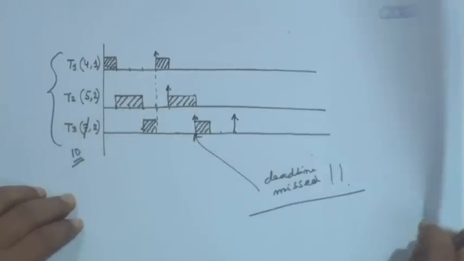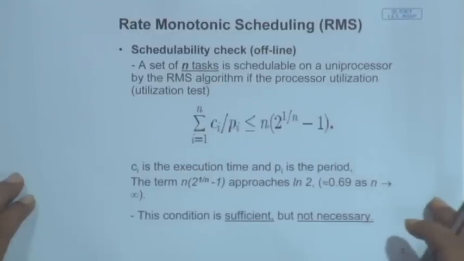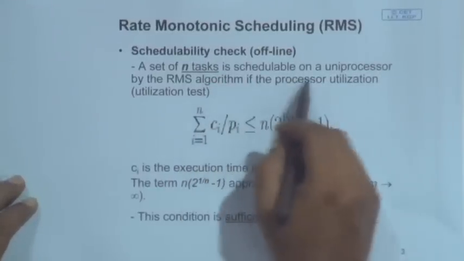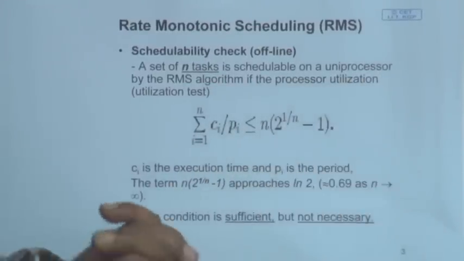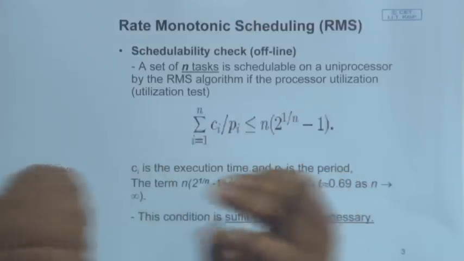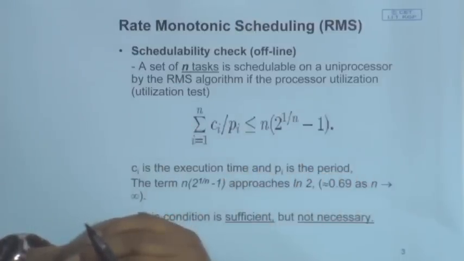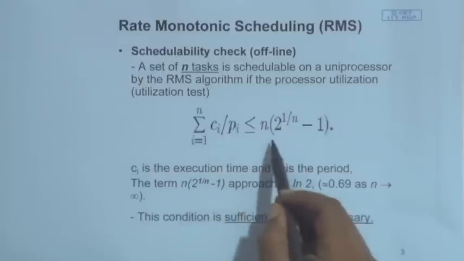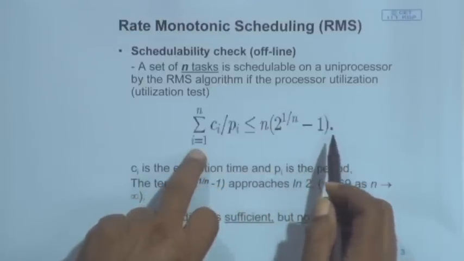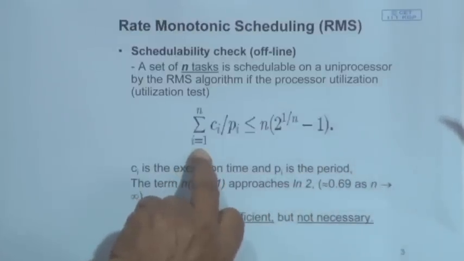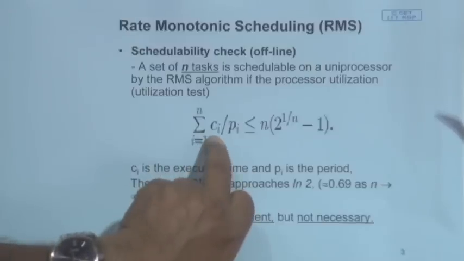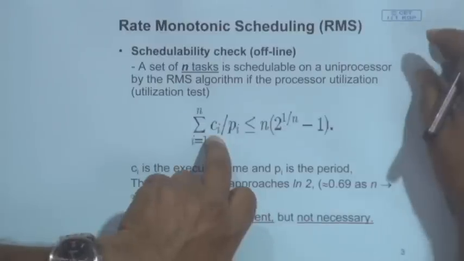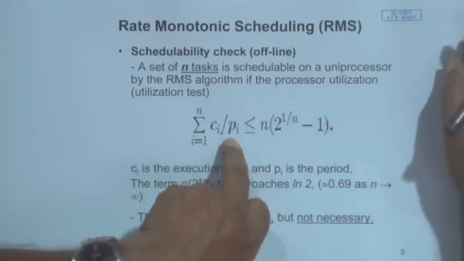Now, it is said that a set of n tasks is schedulable on a uniprocessor by the rate monotonic scheduling algorithm if the processor utilization is this. What is this? Ci is the execution time of one task, Pi is the period of that task.